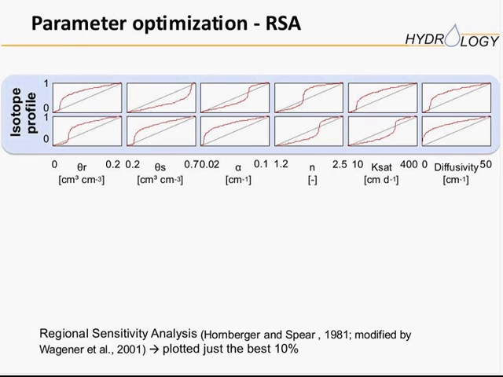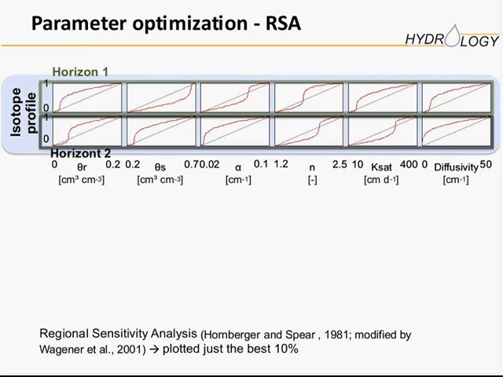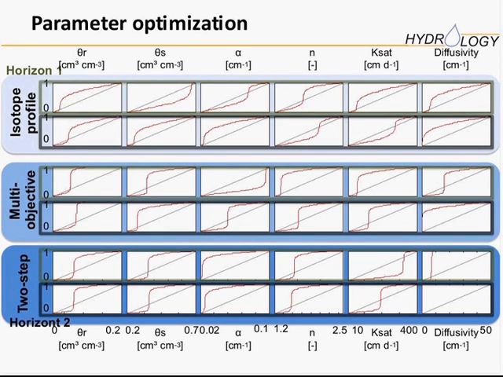This is for the two different soil horizons, soil horizon 1 and 2, that we used. You can see that the optimization works relatively well for most parameters.